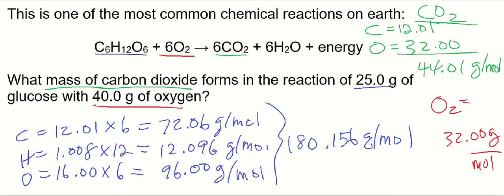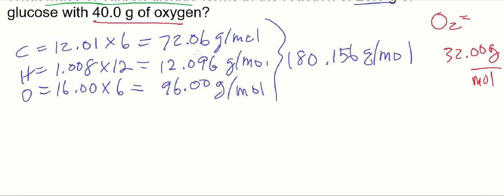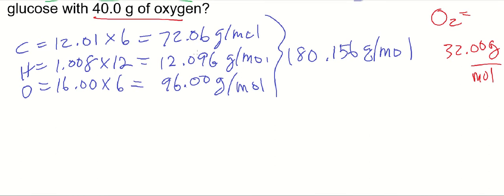All right, so now we can just worry about the stoichiometry. We'll need our calculators, but okay, let's do 25 grams of glucose. Let's do this in a slightly different shade. All right, 25.0 grams of C6H12O6. Convert that to moles.